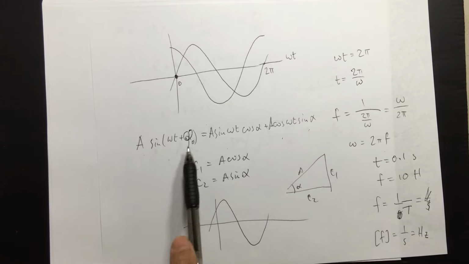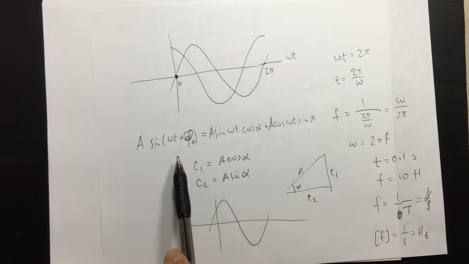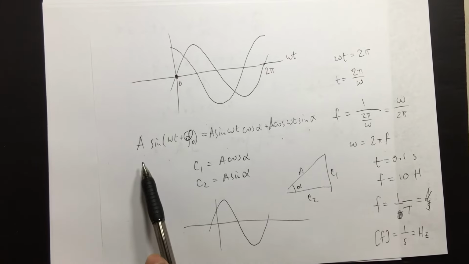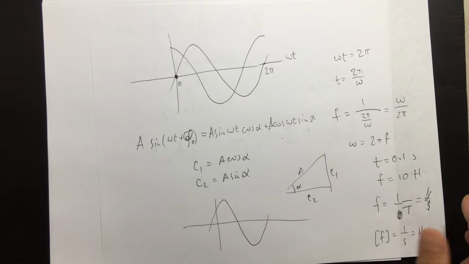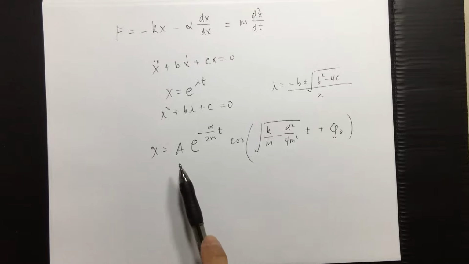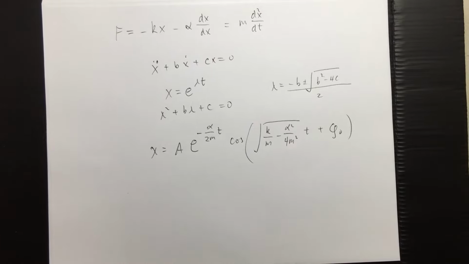These are all just initial conditions. So for now, we don't care. We'll figure it out later, when you have a real situation, just like the example just now. So here, we don't care about the A, we don't care about this phi 0, right?